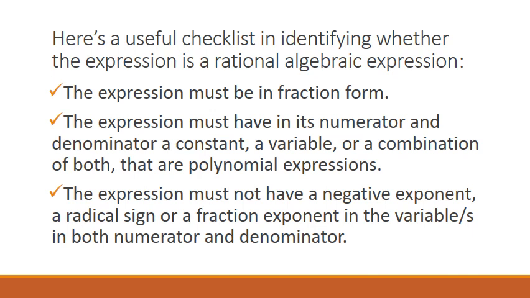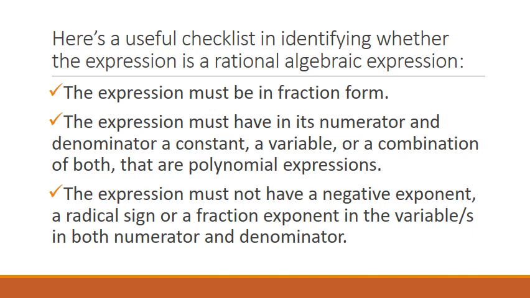I have here a checklist in identifying whether the expression is a rational algebraic expression. First one, the expression must be in the form of a fraction. Number two, the expression must have in its numerator and denominator a constant, a variable, or a combination of both, which are polynomial expressions.